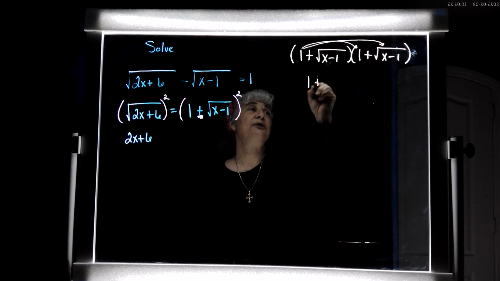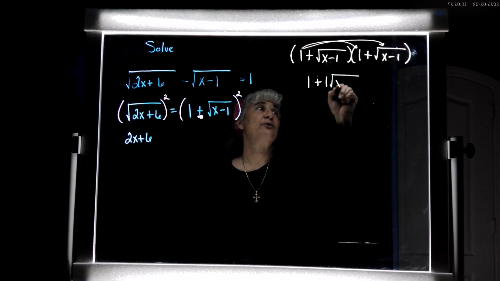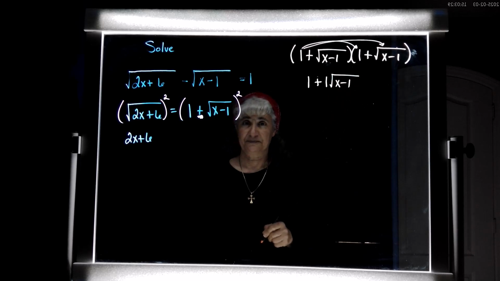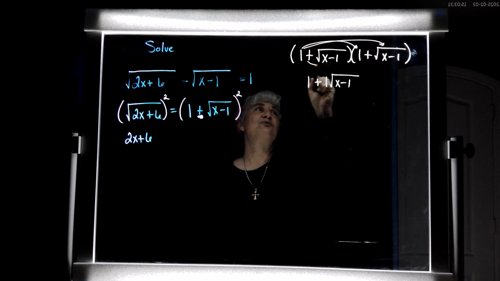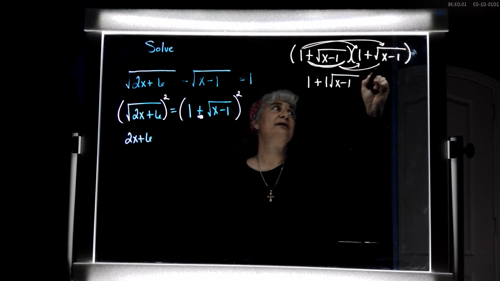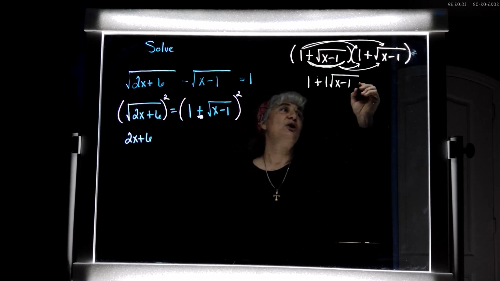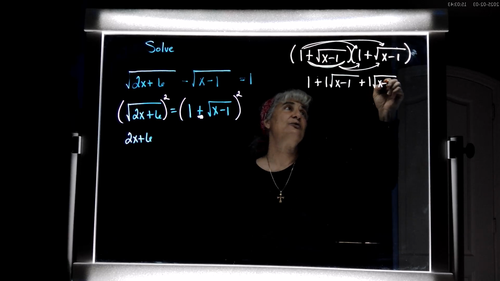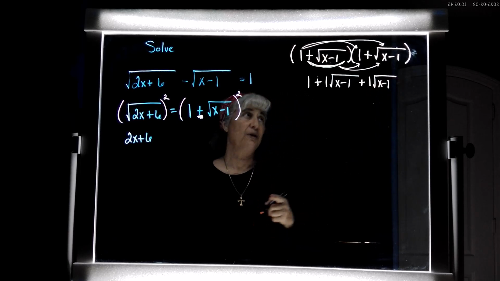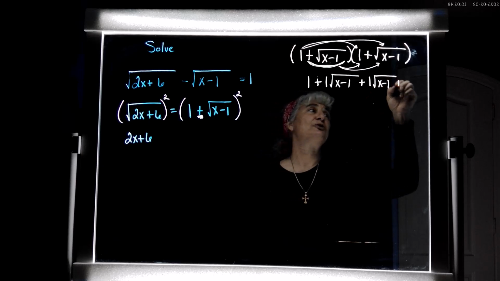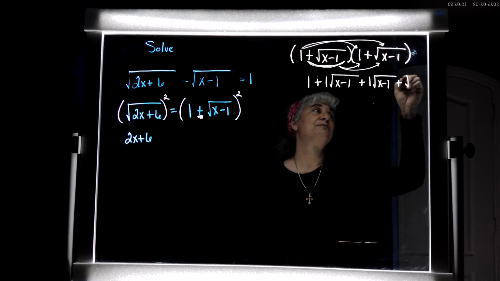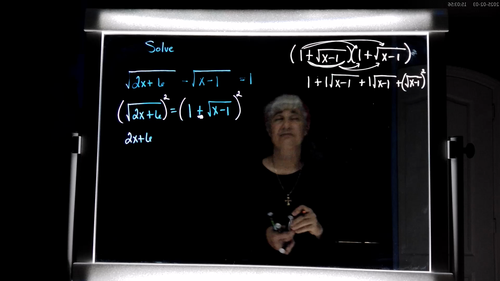That gives you 1 plus 1 square root of x minus 1, doesn't it? But then you still have this radical that you have to distribute. And it distributes to the 1 and to the radical. So that's still 1 plus 1 square root of x minus 1. But then you're taking the radical and you're multiplying it by itself, which means you've got the square root of x minus 1 squared, because you're multiplying it by itself.